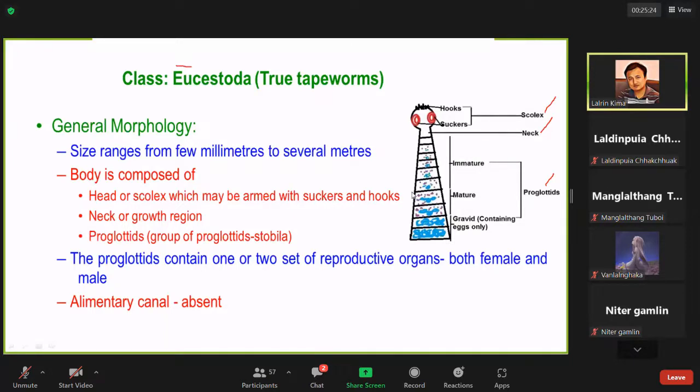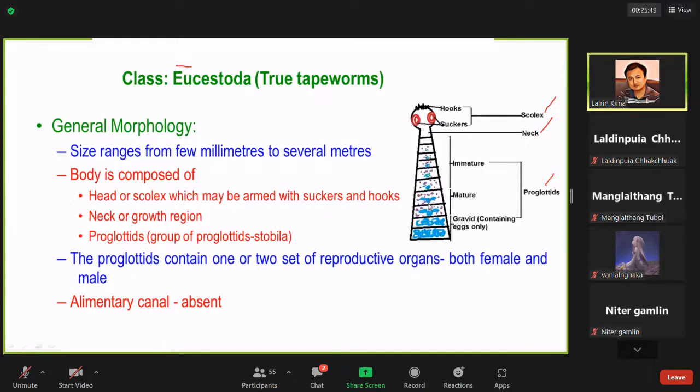As I told you, the proglottid, that means the segment, functions almost like a single individual or a single entity. Each segment contains, you can relate with this purple color, the testes, and the blue color is the ovaries or the uterus.